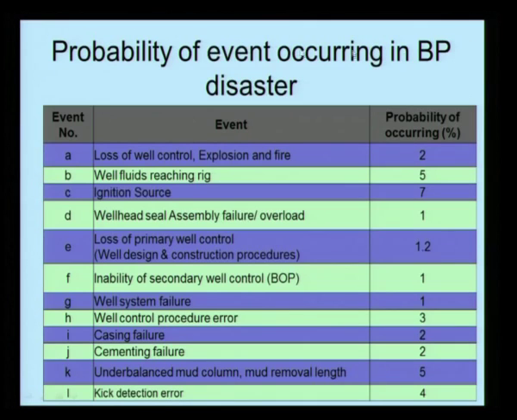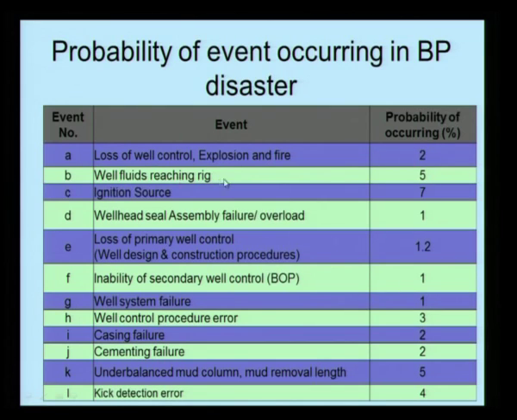Based on that, the probability of events occurring in the BP disaster is tabulated. We have set event numbers as A, B, C, D, J, K, L, M, N, etc. For example, event A could be loss of well control, explosion and fire. The probability of well control loss could be 2% on a scale.